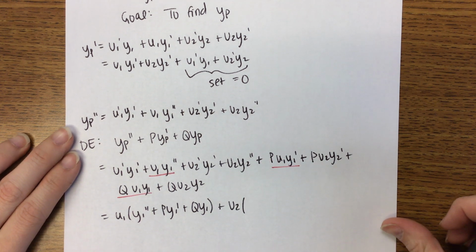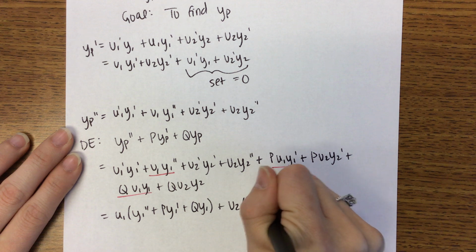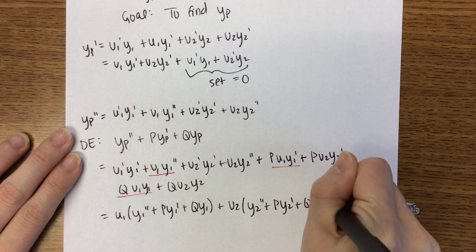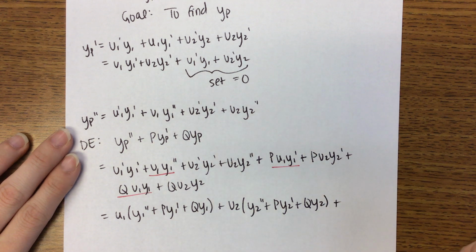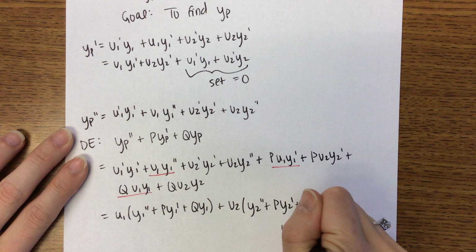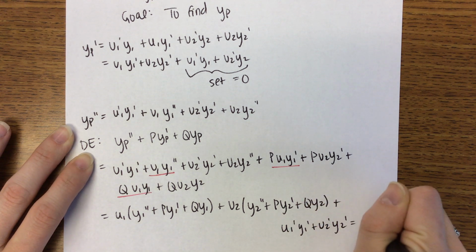Do the same thing with all the terms that have a u2: y2 double prime plus p of y2 prime plus q of y2. And then the remaining terms are u1 prime y1 prime plus u2 prime y2 prime.